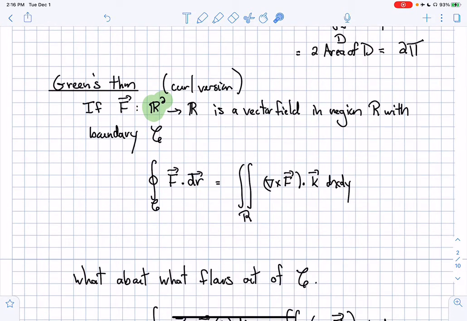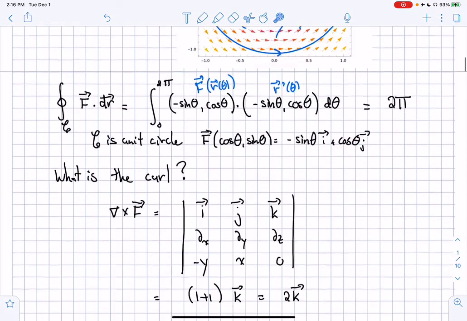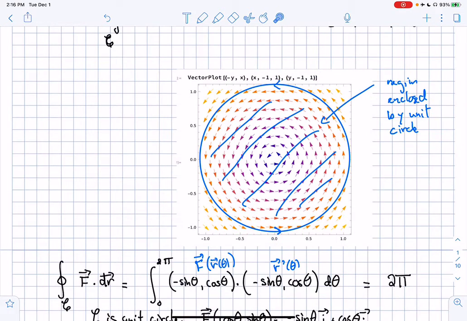There's another way to look at Green's theorem that doesn't involve the curl but involves the divergence. So what we do here, when we do a line integral, is sum the component of F along the curve. So if I go back to my picture, what we're doing here is summing all these little projections of the vector field along the curve.